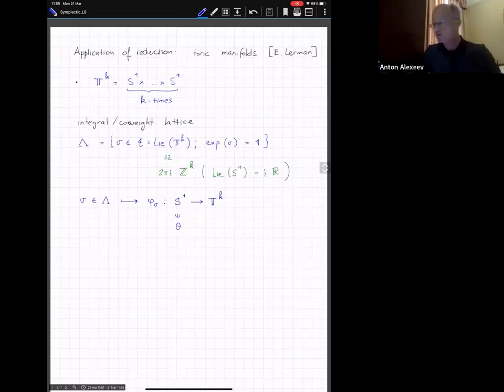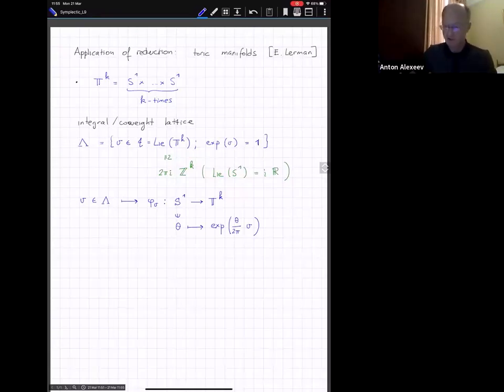And here I must say, it's kind of inconvenient that the circles have this circumference equal to 2 pi. Of course, I know that's a classical fact, but it makes it slightly more painful, or maybe I haven't invented a good notation. So I map it to the exponential of theta over 2 pi times v, right?